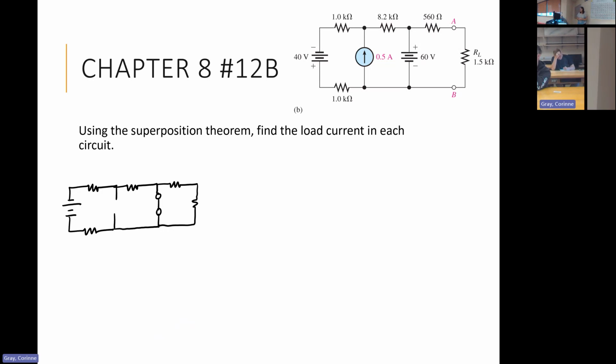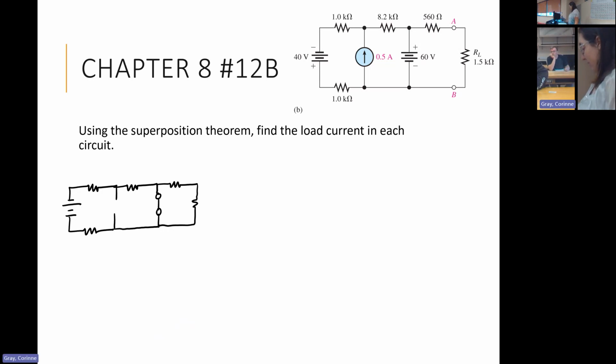In this case, the marks for A and B are not 100% useful. We're still looking for the value across RL here. A and B tell us the same thing as the current or the voltage across RL, so we can just focus on RL. We don't need to worry about drawing A and B into our circuit here. Any questions on this one?